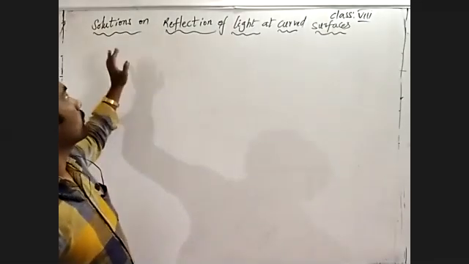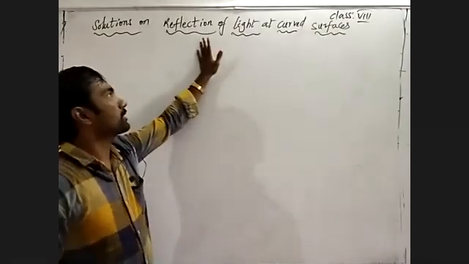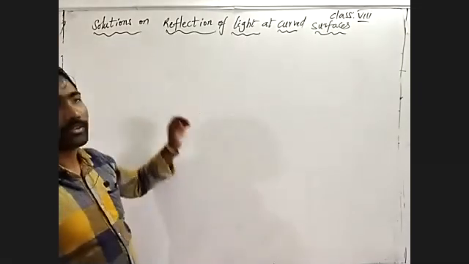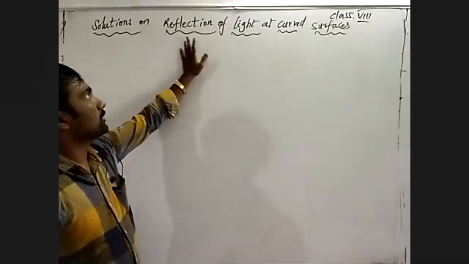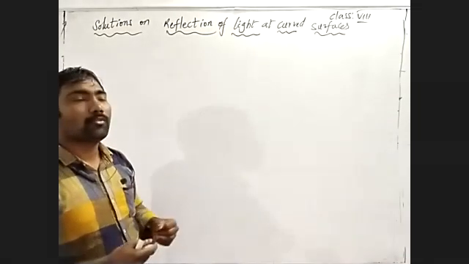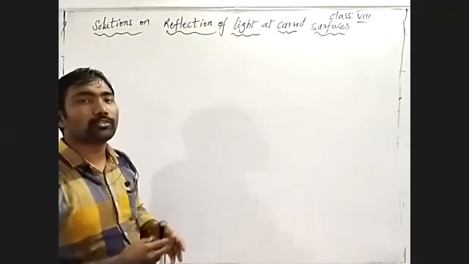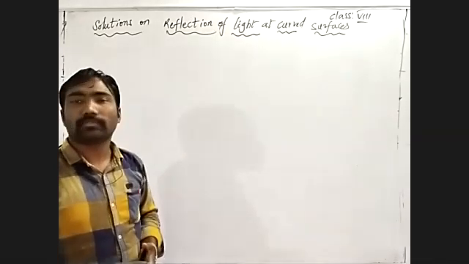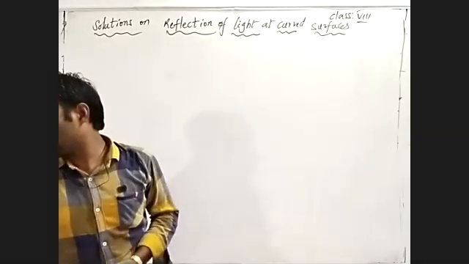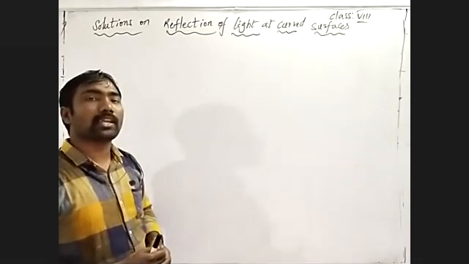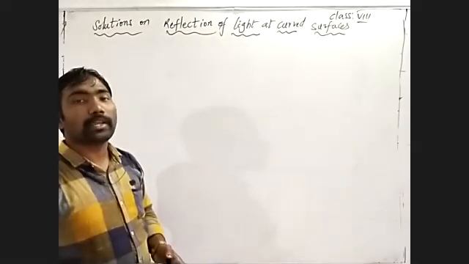But today we are going to talk about solutions on reflection of light at curved surfaces. That means where and how we use the mirror formula, 1 by f is equal to 1 by v plus 1 by u, and also magnification, m is equal to hi by h naught, or m is equal to minus v by u.